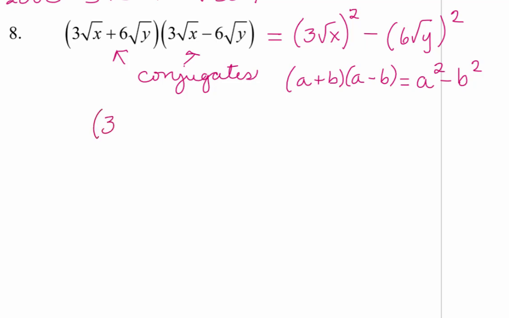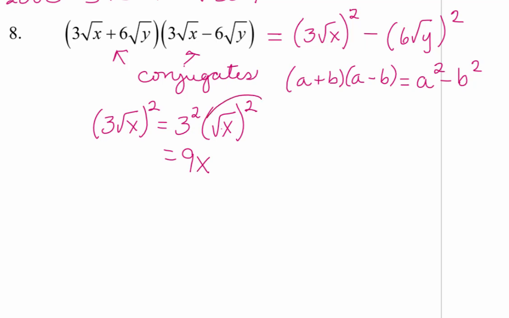But let's see, how do we square this? Now notice, this is a single term, so this would be a power rule. So you would square the 3 and you would square the square root of x. And the 3 squared would be 9, and the square root of x squared is x because these undo each other. These are inverse functions, right? So that's an x.